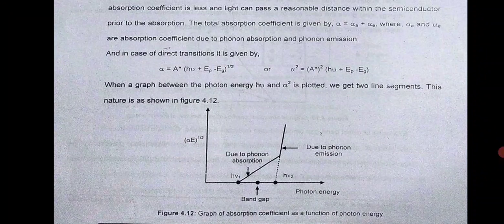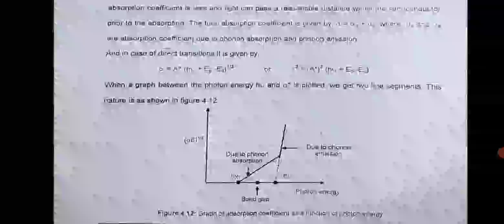And if we see the indirect band gap, look at the graphical nature: a graph between the photon energy h nu and alpha square is plotted. We get two line segments, this nature being alpha E whole power 1 by 2, one due to phonon emission and one due to phonon absorption, with h nu 1 and h nu 2 and the band gap and phonon energy, the graph of the absorption coefficient as a function of photon energy.